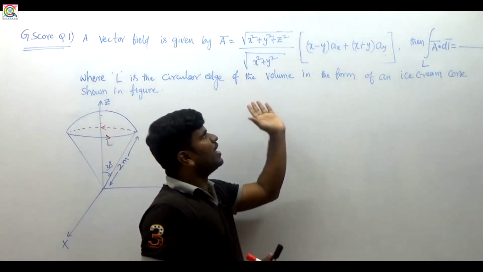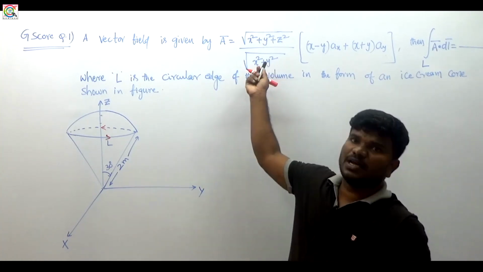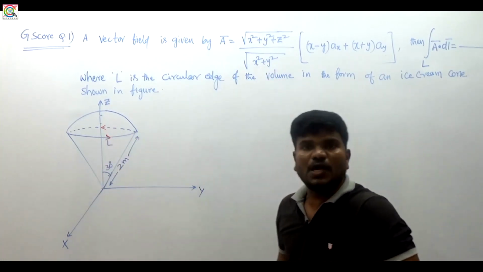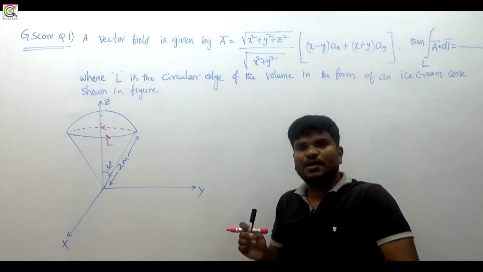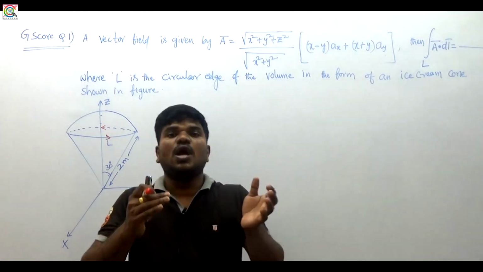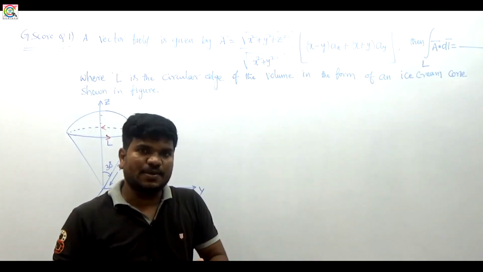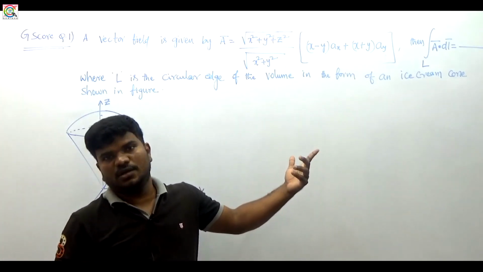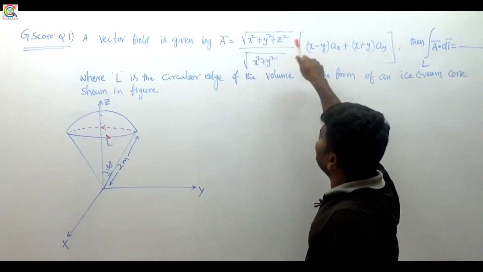You cannot find the integral of the given vector along this path in the Cartesian system. So for that purpose we should be able to identify in which coordinate system we have to proceed with this question, right? This is the vector given in the Cartesian system.